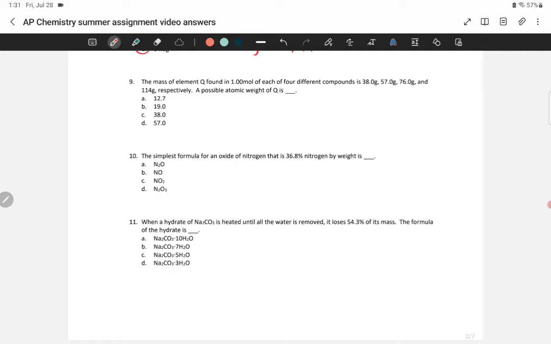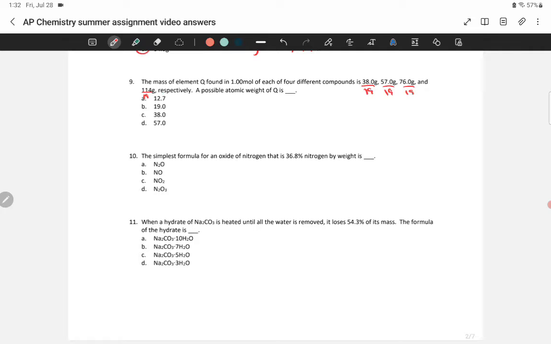Well, all those compounds have Q in it. So all 4 of those compounds better have a similar divisible number, because they all have to have the atomic mass of Q. So if I look at all those 4, I can't really put my number under 114 there, but if you divide them all by 19, you better get a whole number if the compound has an element that has a mass of 19.